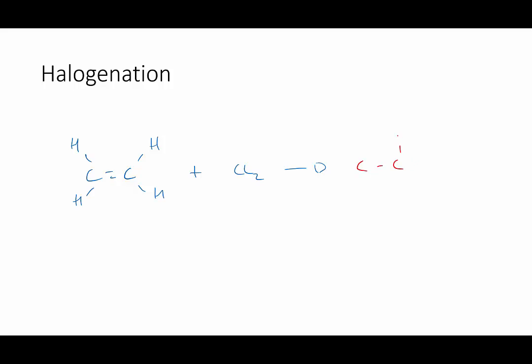So we're going to break the double bond, and all we're going to do is add a chlorine on each carbon. We have now made 1,2-dichloroethane.